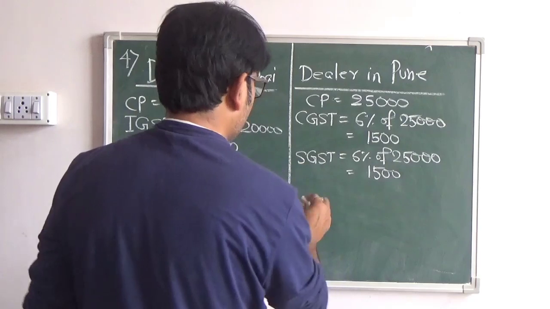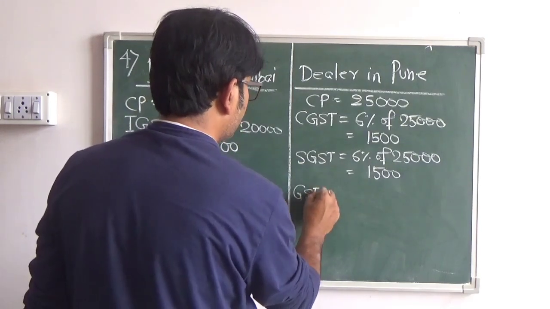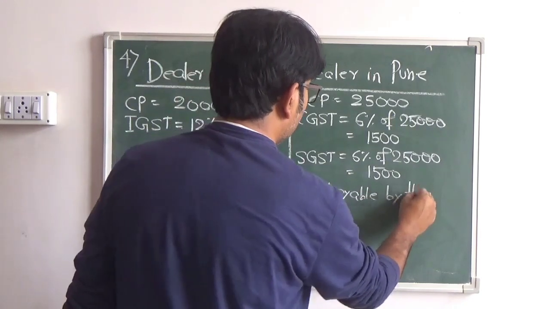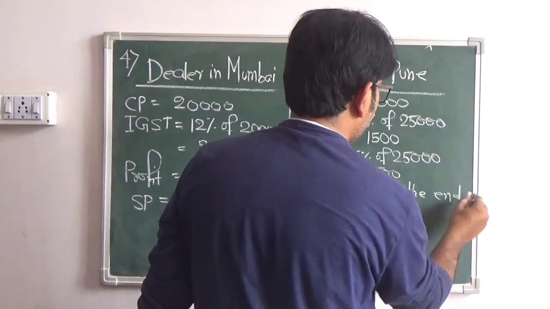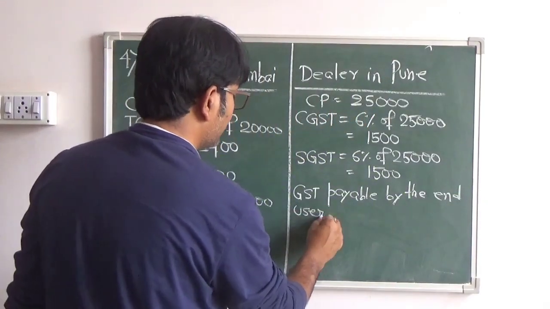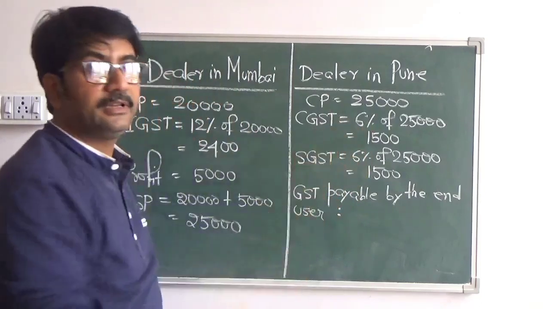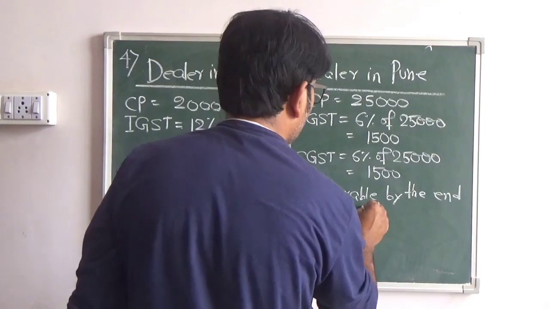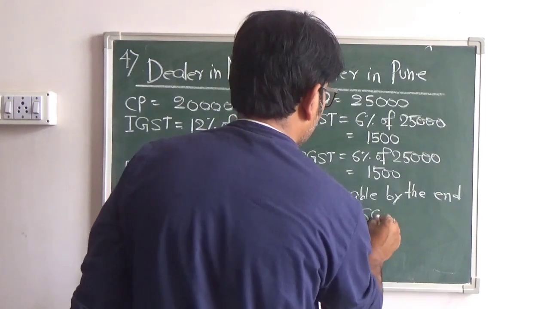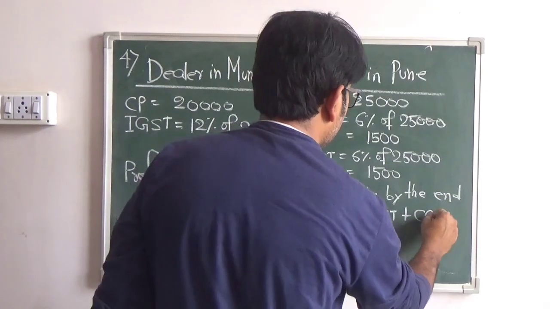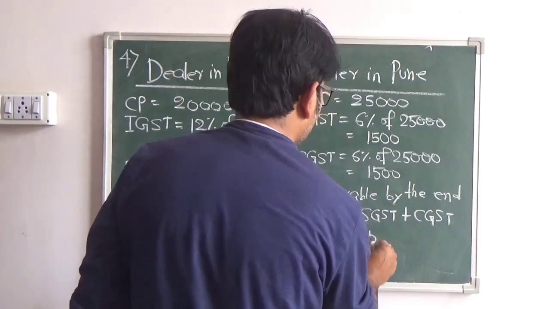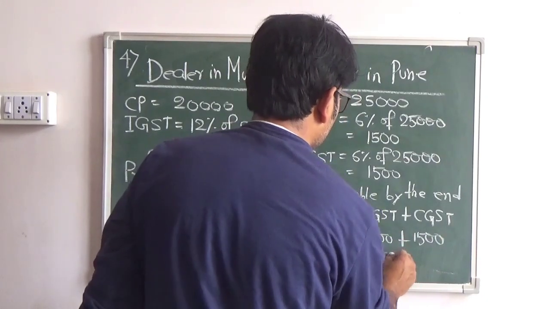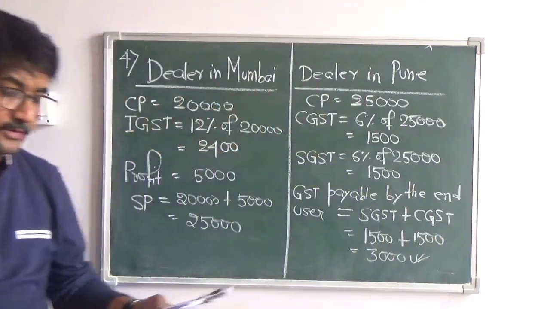Now GST payable. How much is the GST payable by the end user? End user means the dealer at Pune. So that is these two, SGST and CGST, which equals 1500 plus 1500, and that equals 3,000. So this is your answer.